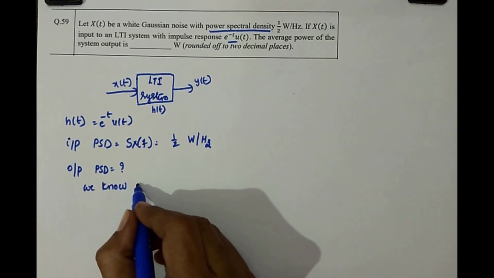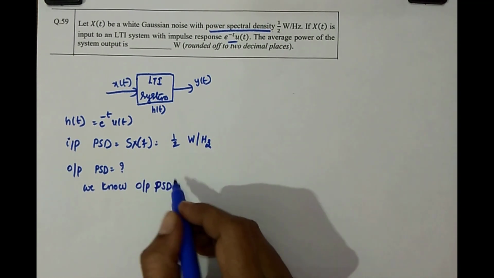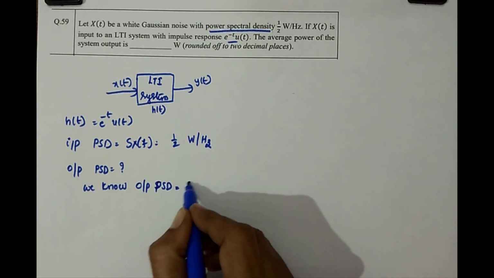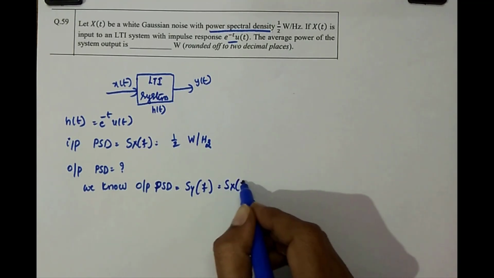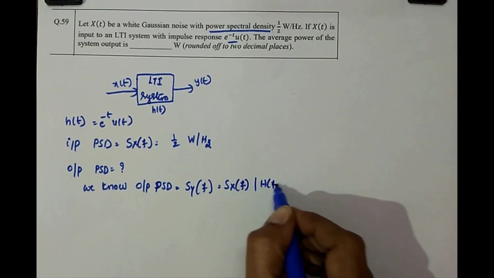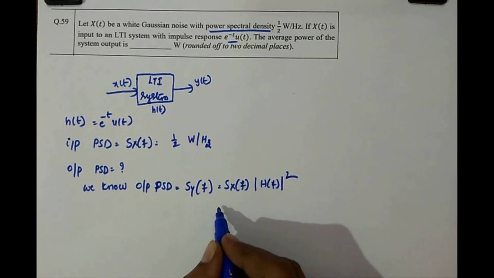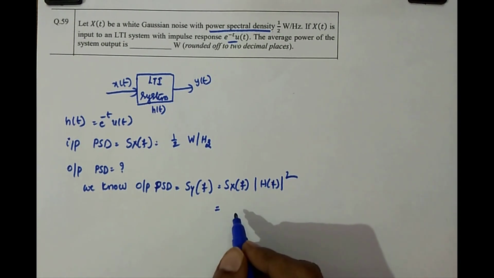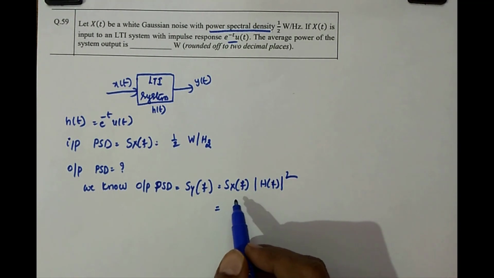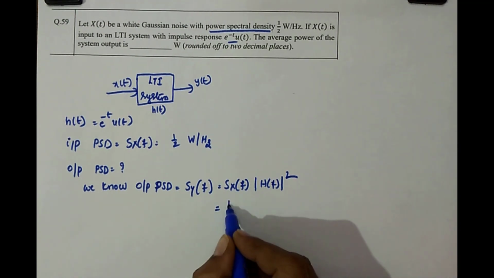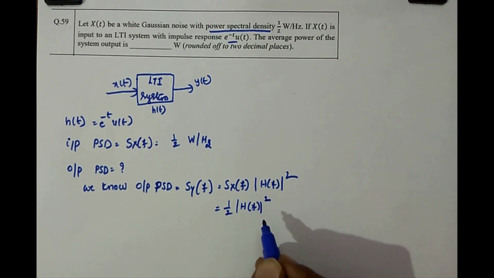Output PSD is denoted by Sy of f is equal to Sx of f into mod h of f whole square. Okay. Now this is already a derived relationship between the input and output power spectral densities. Already Sx of f is given, that is half, mod h of f whole square.